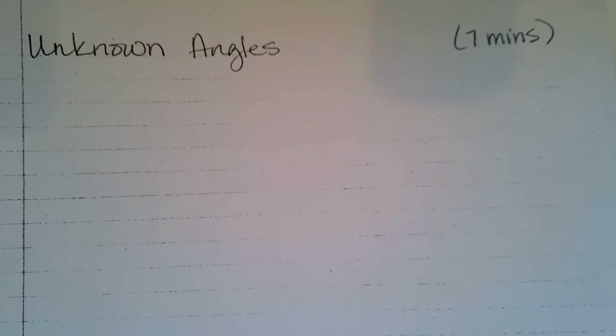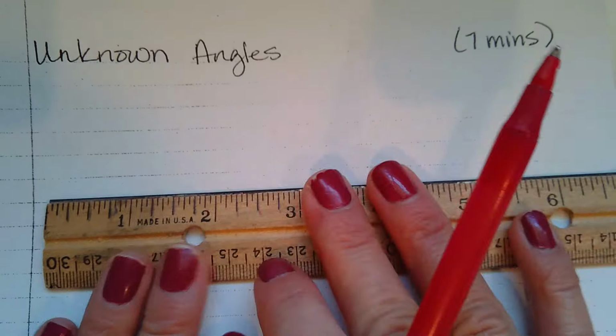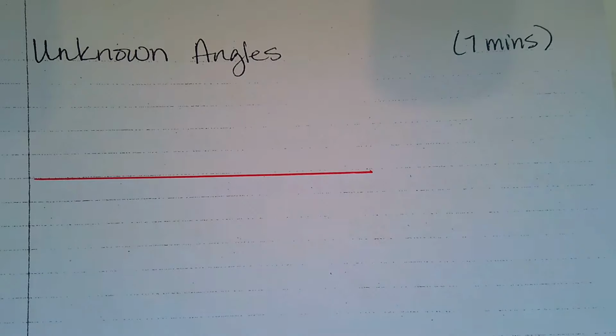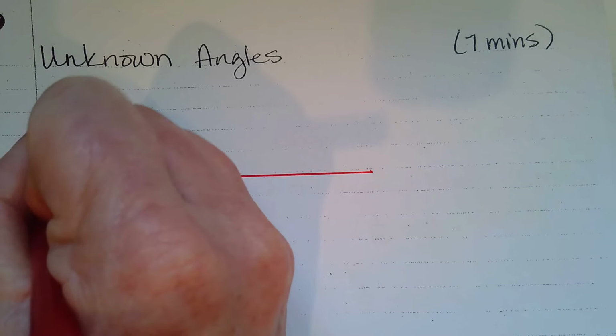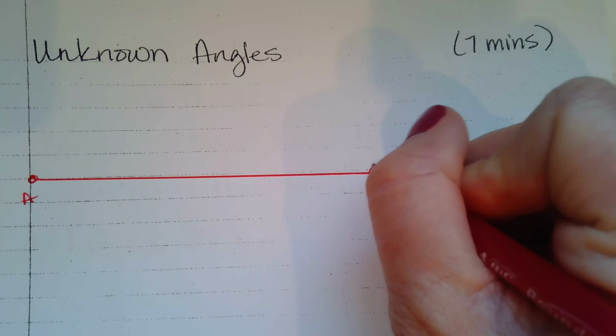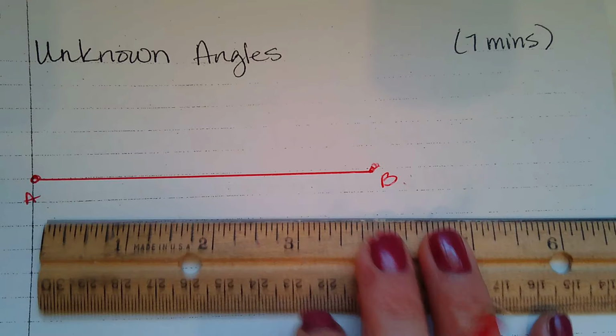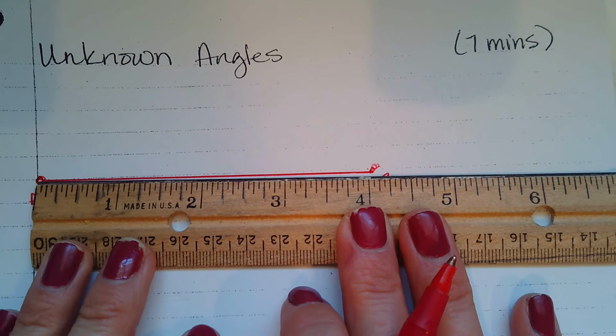Unknown angles. So what we're going to do here is we're going to use that ruler again and draw a 4-inch line segment. And let's try to draw it in the middle of our page. And we're going to mark one side A and one side B. Now, we're going to measure out at the 2-inch mark.